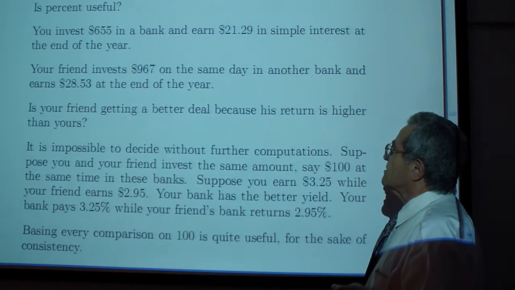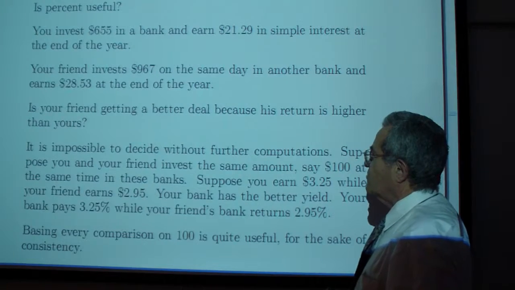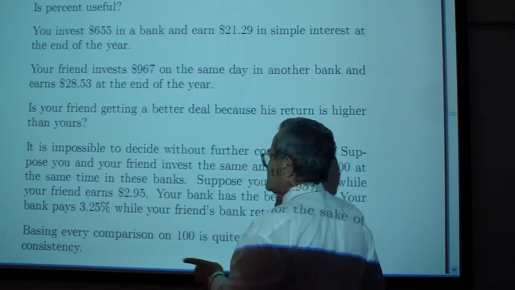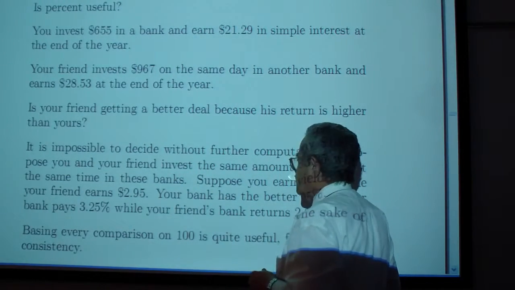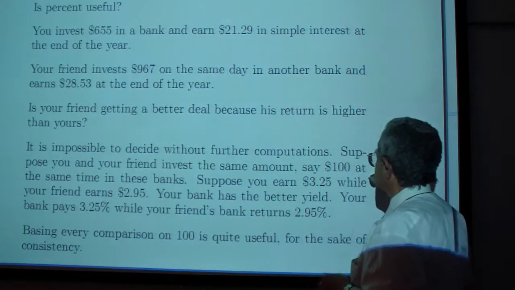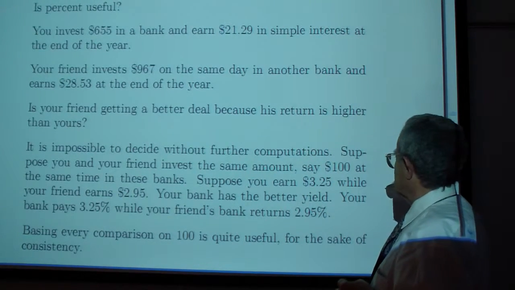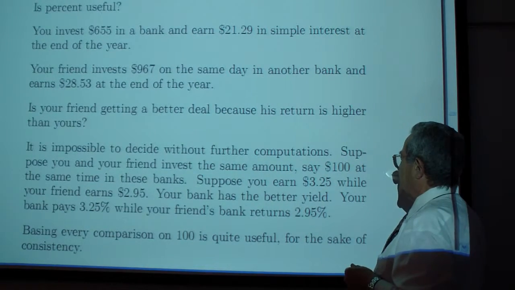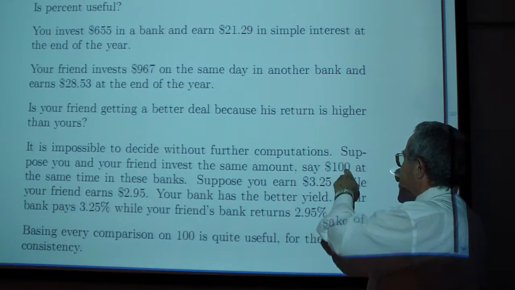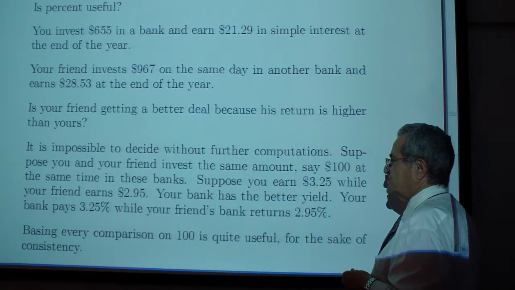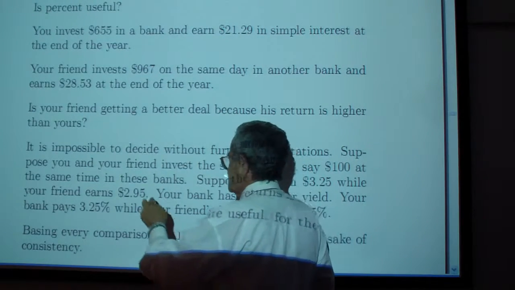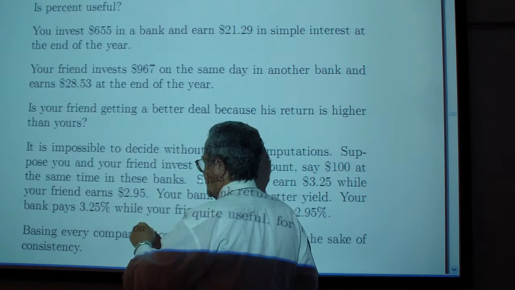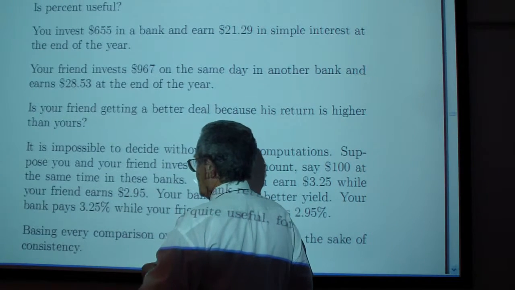Okay. Let's let those numbers go, and let's say you and your friend go to different banks with $100, and at the end of the year you earn $3.25 for your $100 invested, and your friend earns $2.95 for his $100.